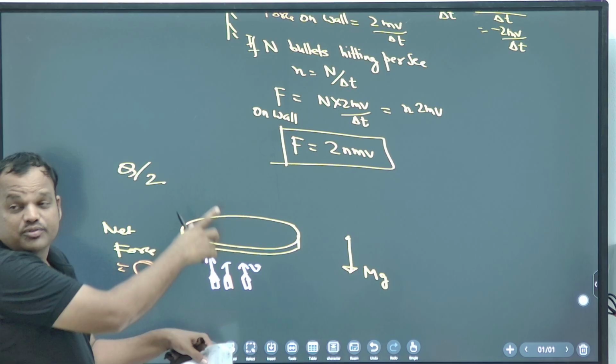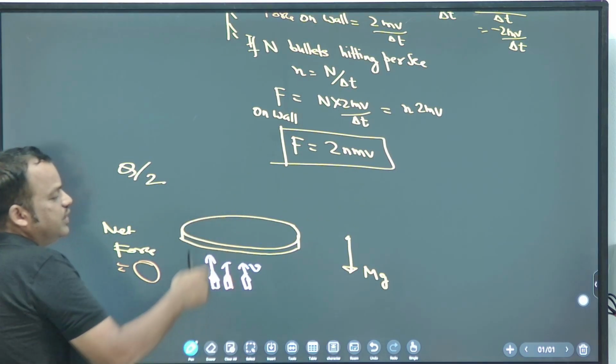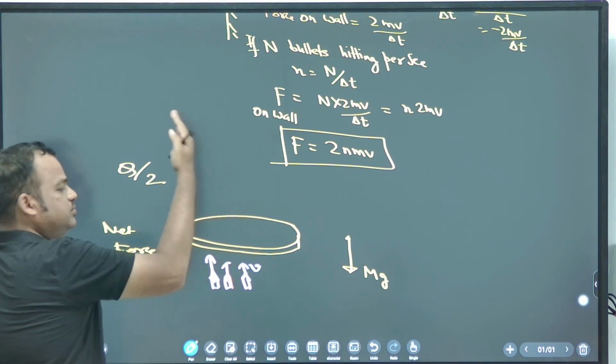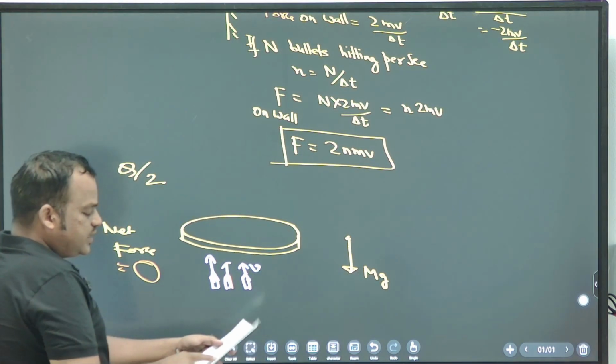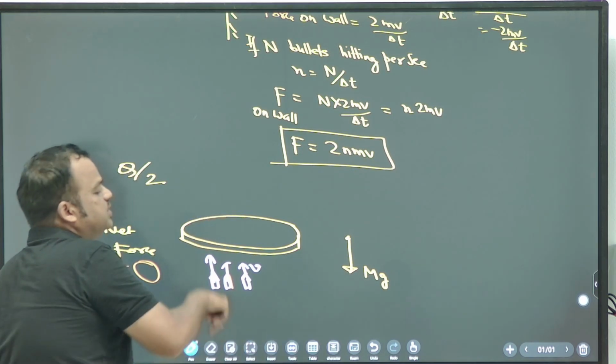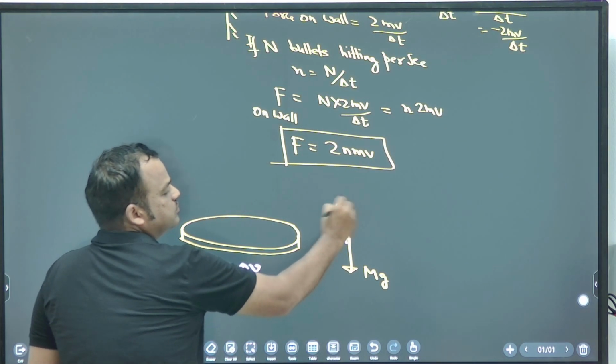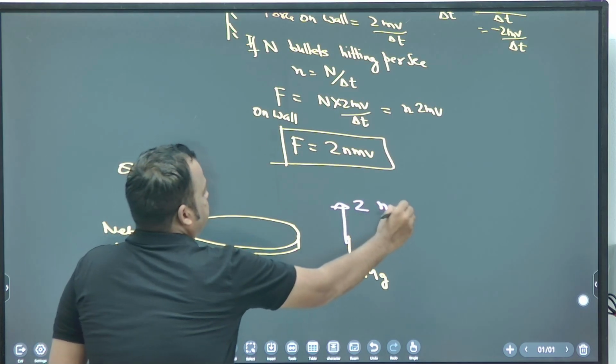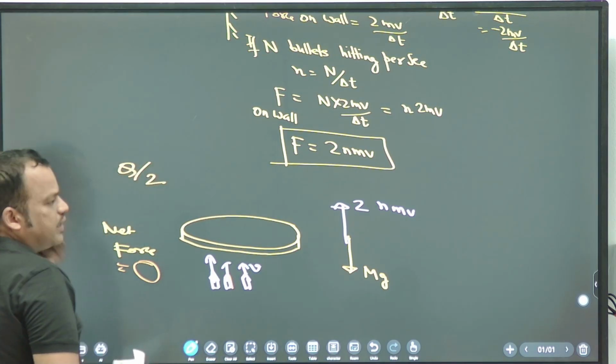The bullet will experience force downward, very good, and the disc will experience force upward. It is written that bullets rebound with the same speed. So what is the force on the disc? 2 nmv.